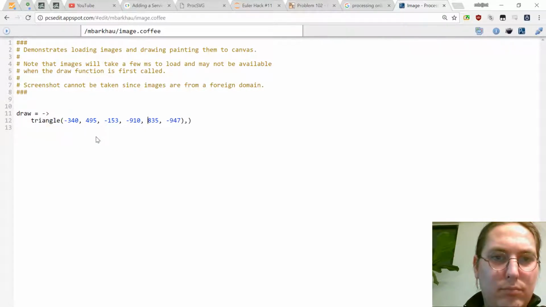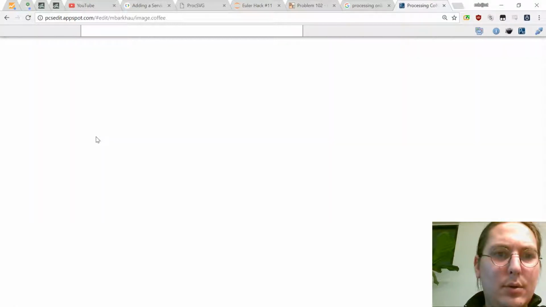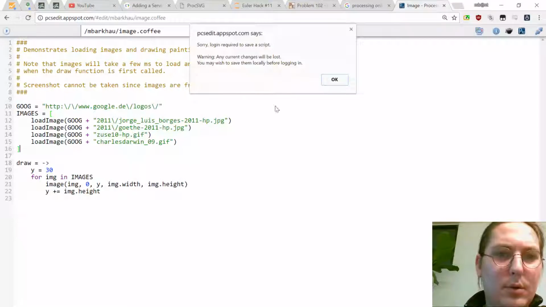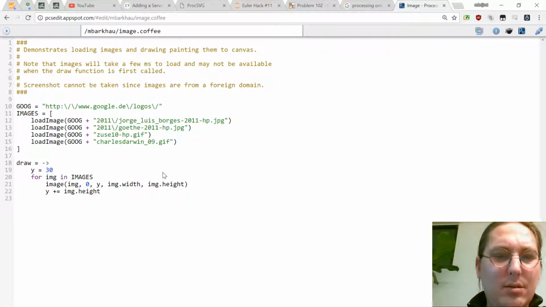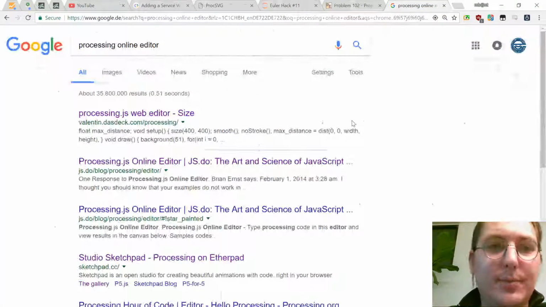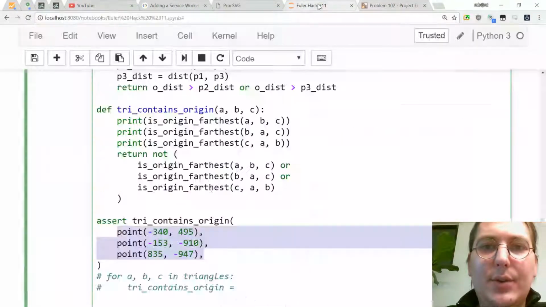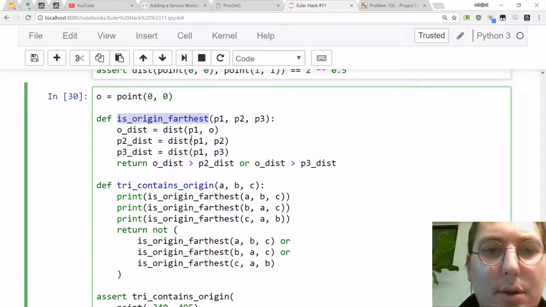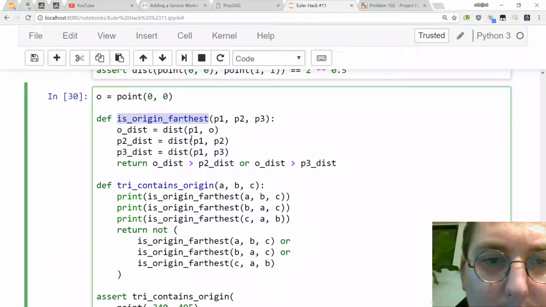Can we go back to the definition of further? Of which one? Is further. Okay, forget about it. From is further, or is origin farthest, yes. Would return false.